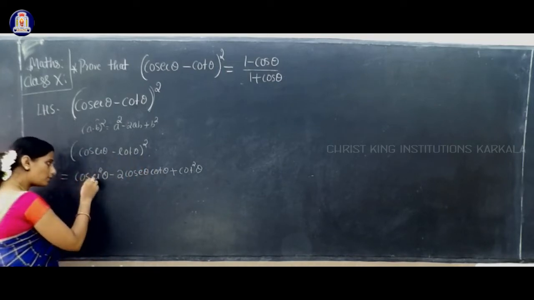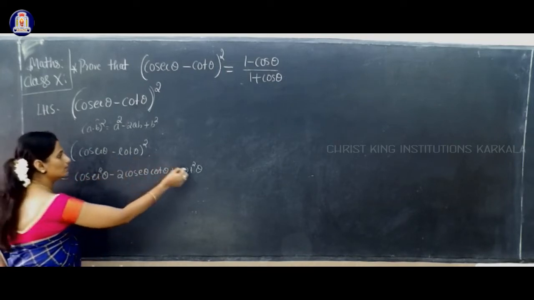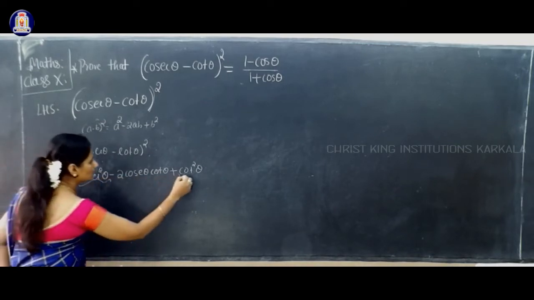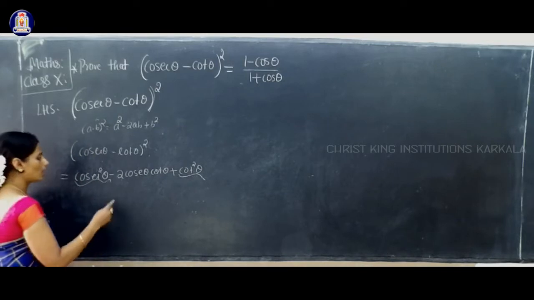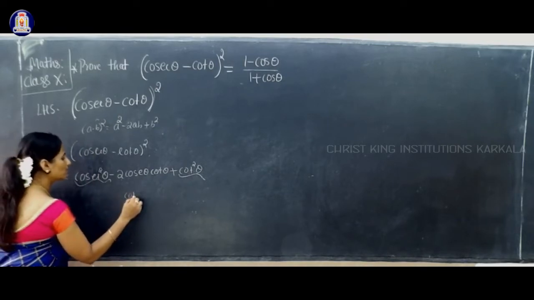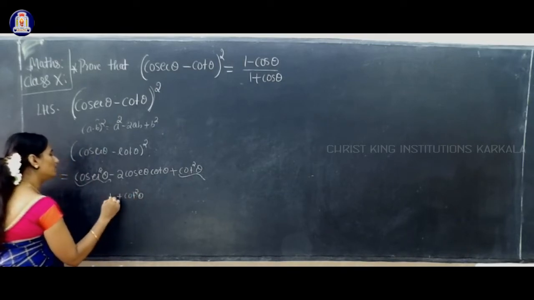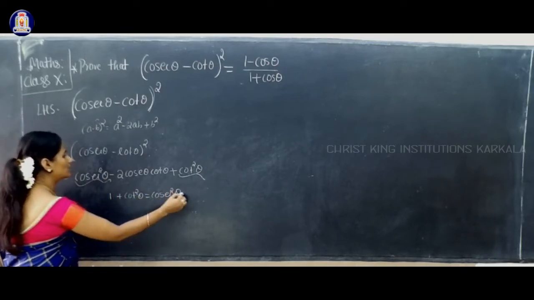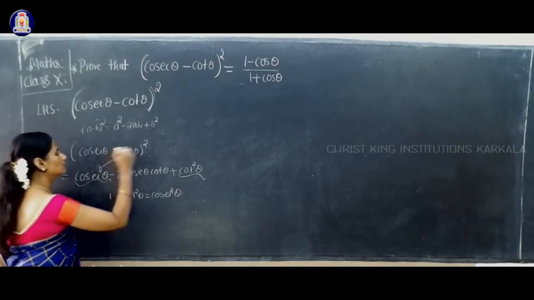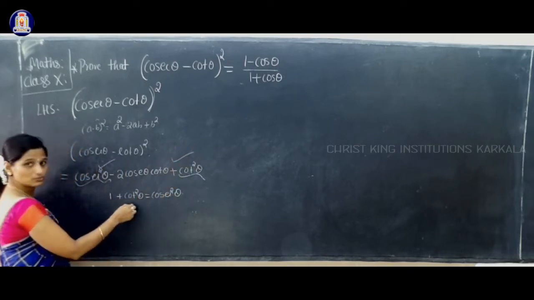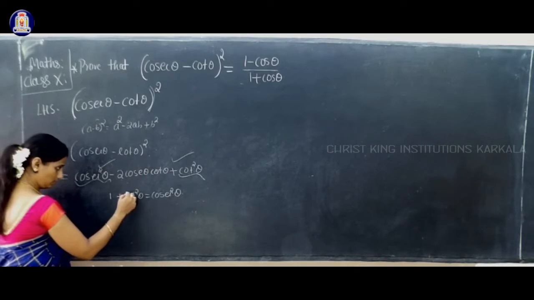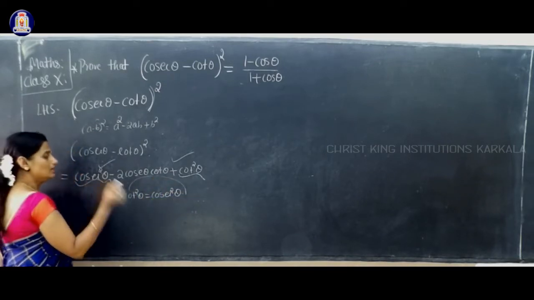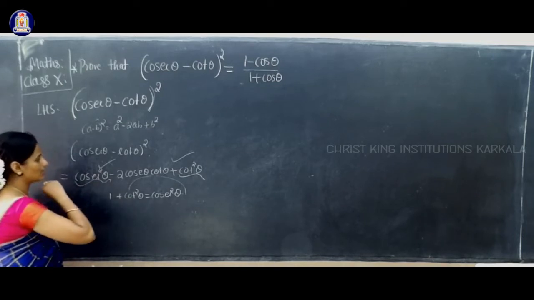No. Is it possible to apply a formula for cosecant square theta plus cot square theta? No. What we have is 1 plus cot square theta is cosecant square theta. So if you take this cot square to that side, then it is minus.